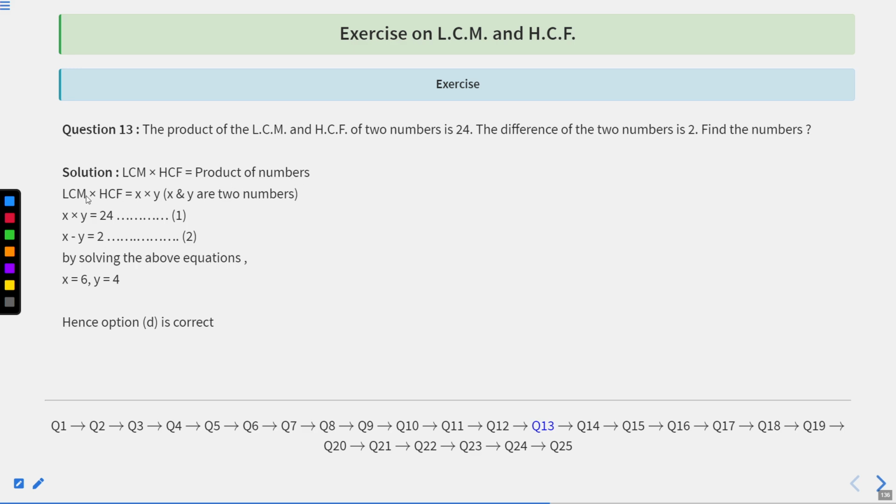So LCM into HCF is equal to XY, where X and Y are the two numbers that we are looking for. So XY is equal to 24. It is also given that X minus Y is equal to 2. By solving the above equations, you will have X equal to 6 and Y equal to 4. So the correct option here is option number D.